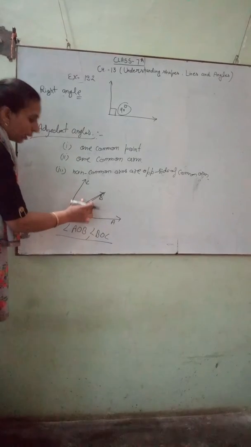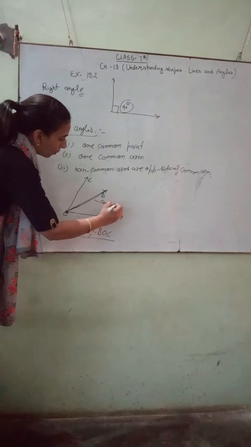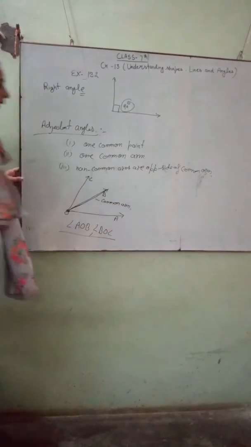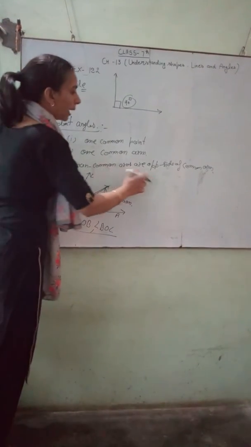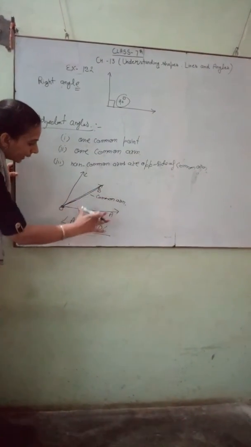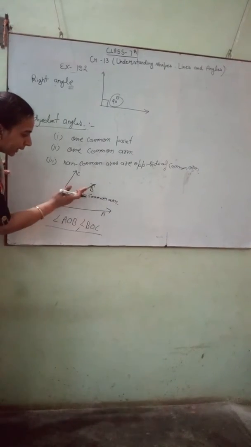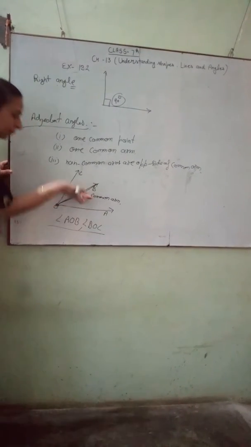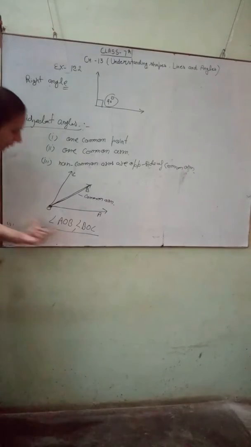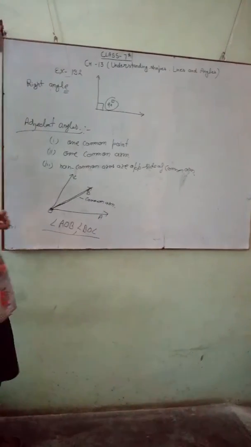So OB is the common arm. Then the non-common arms are on opposite sides of the common arm. This is the common arm and these are the non-common arms, and they are on opposite sides. One is this side and one is this side. Then these two angles are adjacent angles. Clear, students?